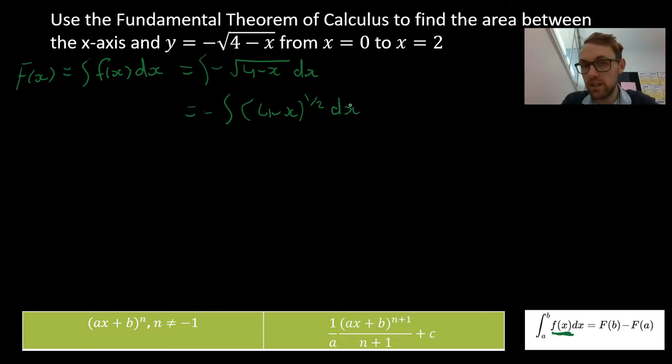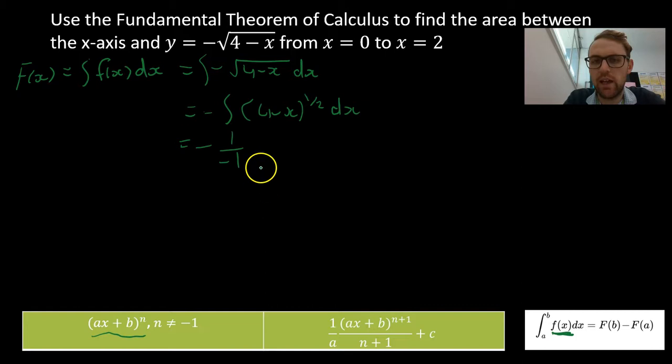All right, so to get the integral of that, we're going to use this formula at the bottom. We've got something written in this form. It's a bit mixed up, but it is in that form. So if you want to get the integral of that, we leave the negative out the front. We do 1 divided by a, where a is the thing in front of x, so 1 divided by negative 1.